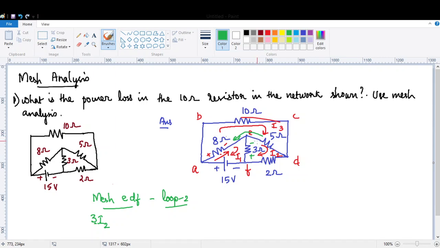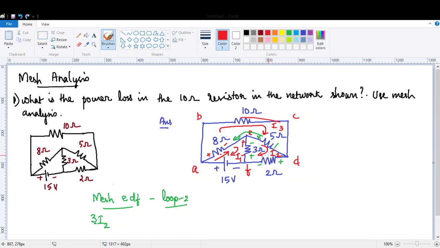Always for the loop, the corresponding current will be entering from plus and leaving in minus in the case of a resistor. For a voltage source, if it is given some sign, follow that. So here also plus minus, plus minus. Earlier, in the case of the 3 ohm for I1, the plus and minus were like this: plus on top and minus at the bottom.